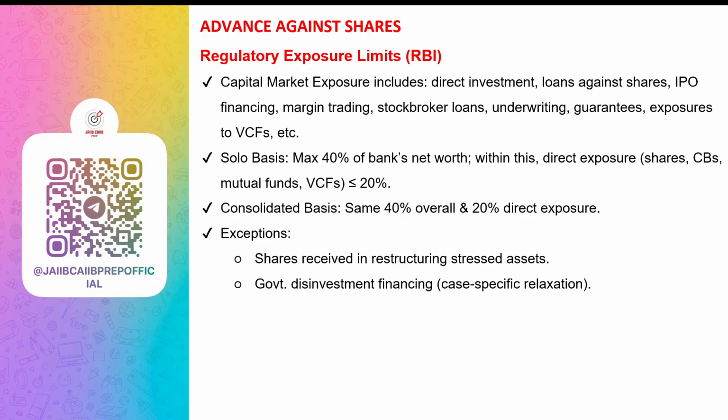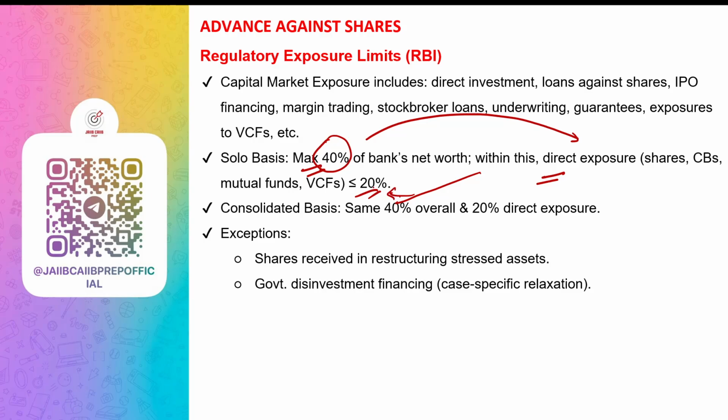Now, there are exposure limits on solo basis, like individual banks. The total capital market exposure should not be more than 40% of the bank's net worth, and the direct exposure should not be more than 20% of the net worth. So, in this 40%, the direct exposure should not be more than 20%.